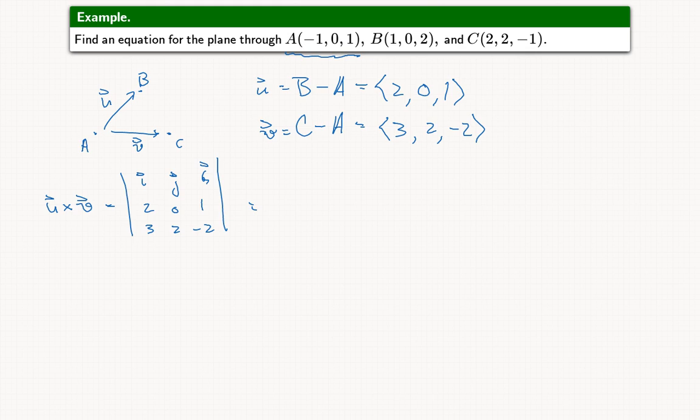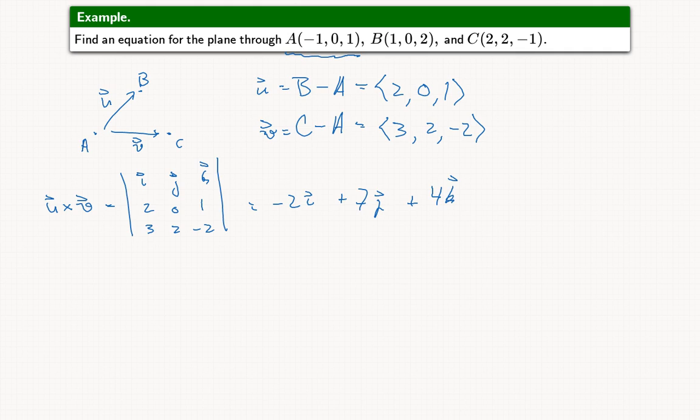So that's negative 2i, then negative 4 minus 3, so plus 7j, and then plus 4k.